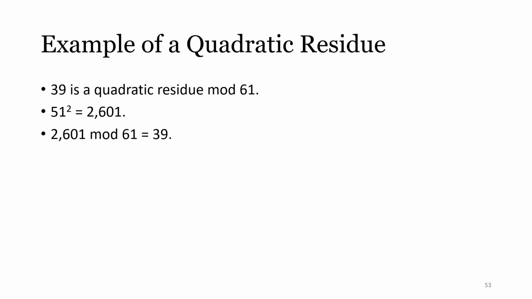So let's see an example. 39 is a quadratic residue mod 61. We know this because if we take 51 and square it, you get 2,601. 2,601 mod 61 is 39. Therefore, 39 is a quadratic residue mod 61.